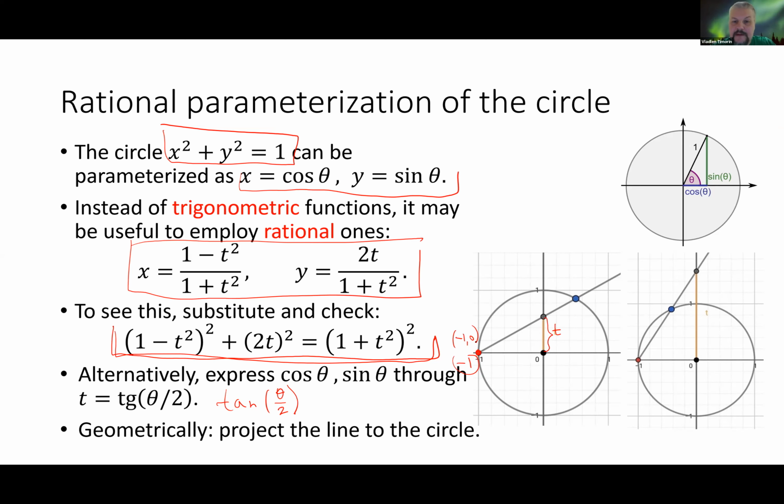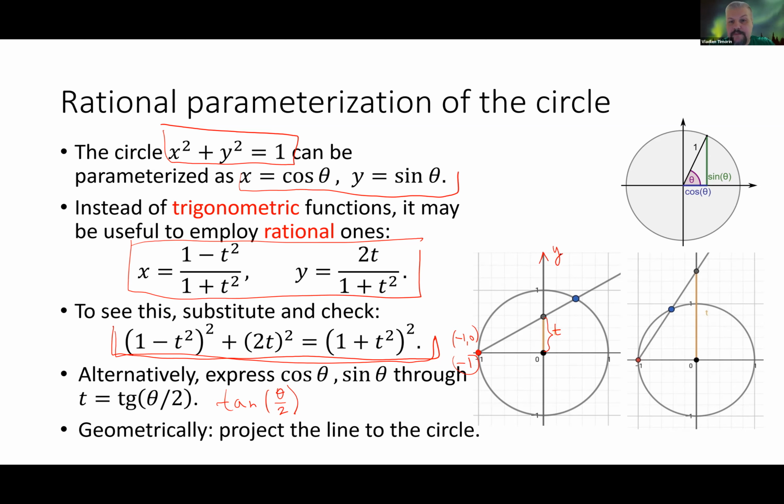Each line in this pencil crosses the circle in some point, and it also crosses the vertical line, the y-axis. These two points will correspond to each other. So in this way, you get a projection, the so-called stereographic projection, from the circle to the line, or the other way around, from the line to the circle.